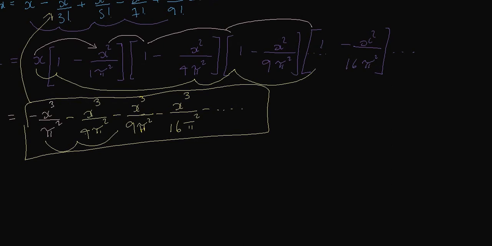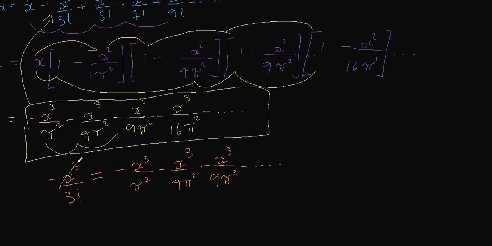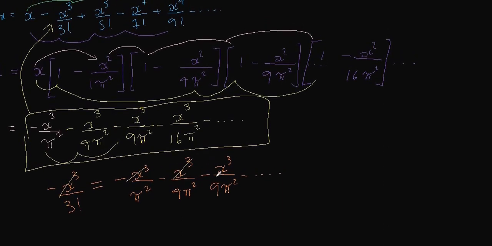So this means that minus x cubed over 3 factorial must be equal to this series here, which is minus x cubed over pi squared minus x cubed over 4 pi squared minus x cubed over 9 pi squared minus, and so on. So in order to compare the coefficients, we can divide both sides by x cubed, and these guys disappear.